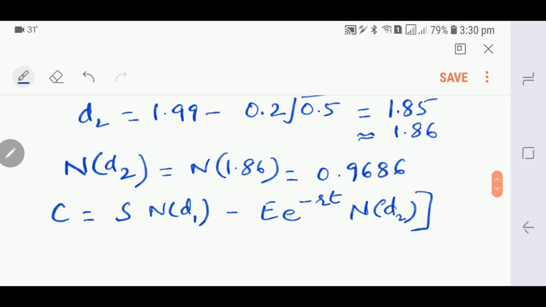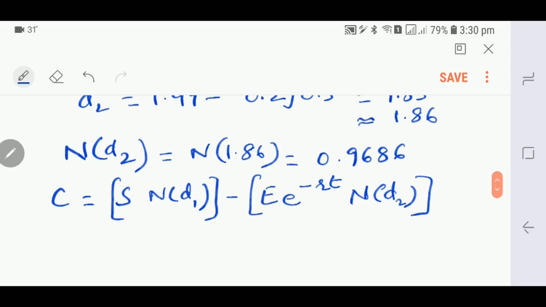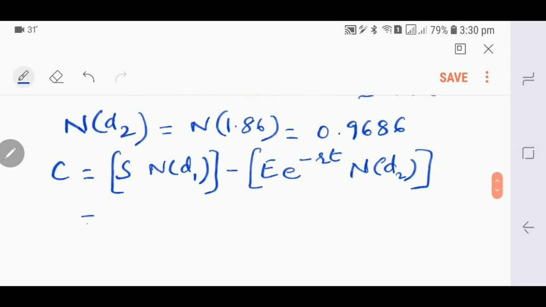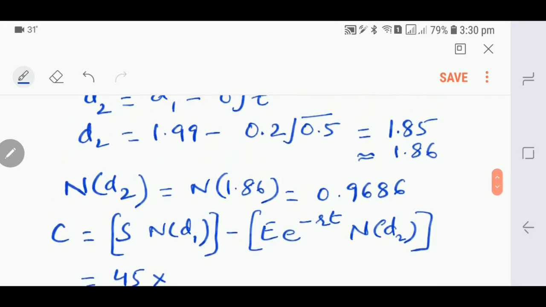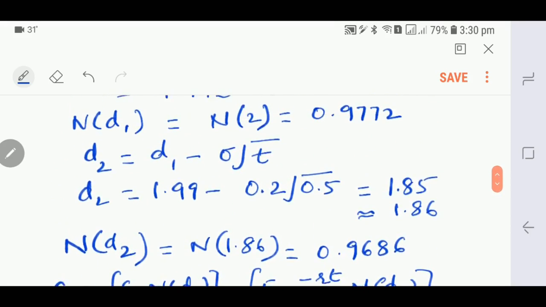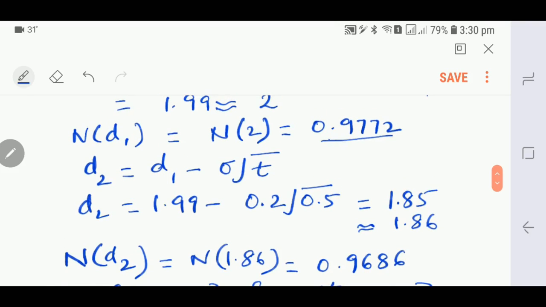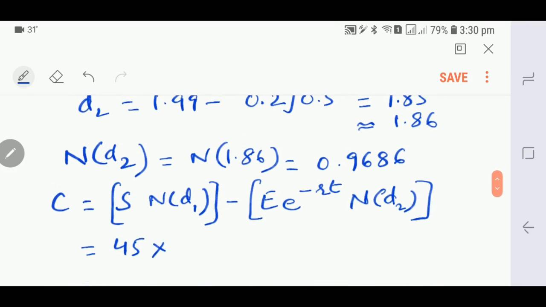So let's separate out these quantities so that there is no confusion. We can now plug in the numbers. The stock price was given to us, $45, and we multiply this with N of D1. What was N of D1? Let's scroll back up and see. N of D1 was equal to 0.9772. So let's just put in that value there.